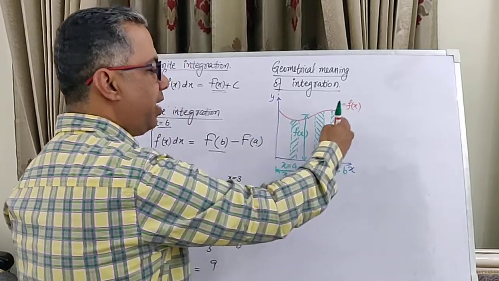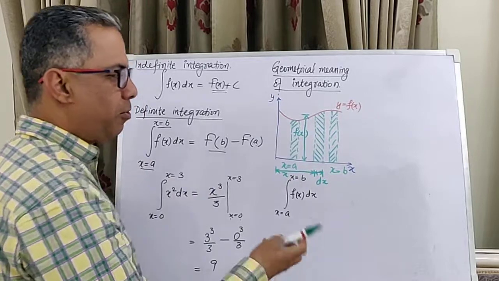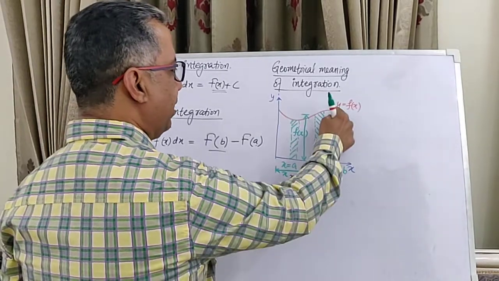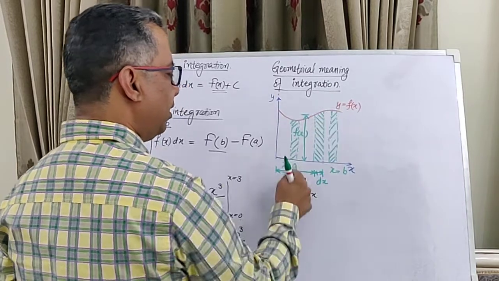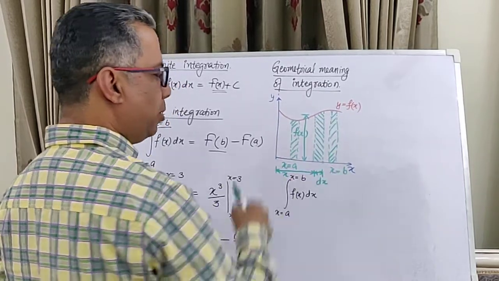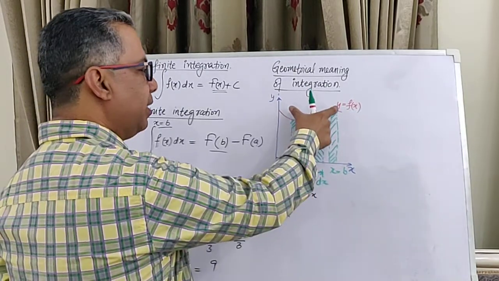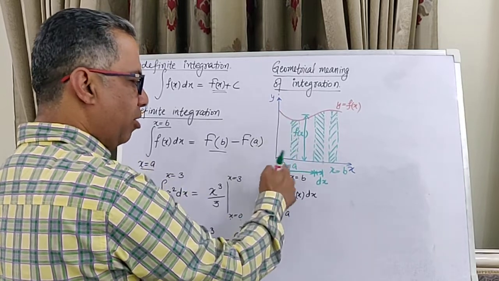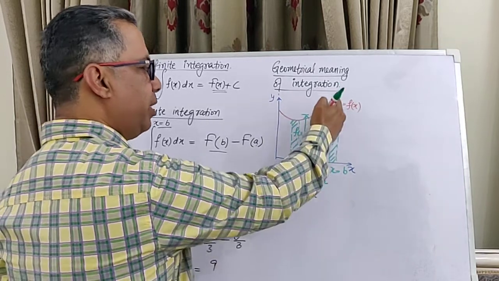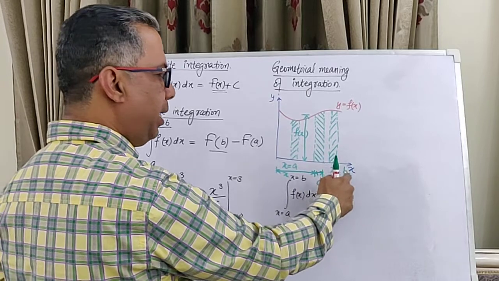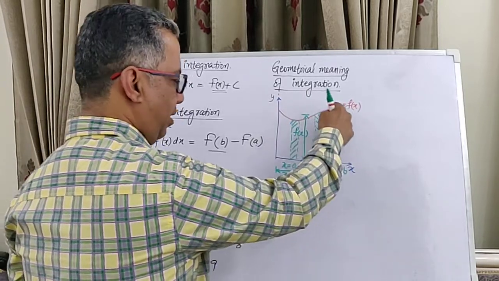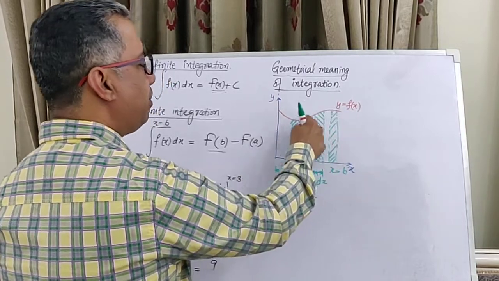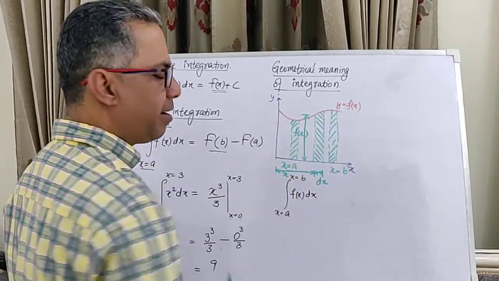Now if you do a summation of the areas of all the strips, what do you end up with? What you end up with is the entire area under the graph from x equal to a to x equal to b. So we are going to get the area enclosed between this vertical line drawn at x equal to a, this vertical line drawn at x equal to b, and the function, the graph of the function, and the x-axis. So these are the boundaries, and in these boundaries we get the entire area.